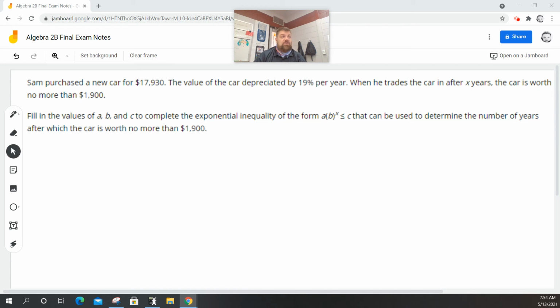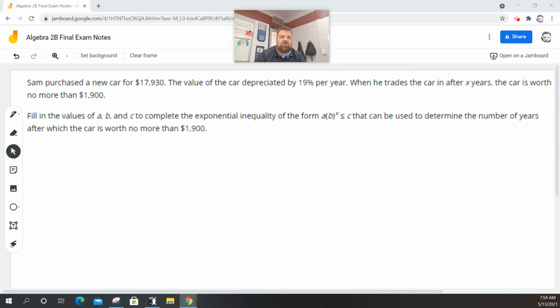Then we're asked to fill in the values for A, B, and C to complete the exponential inequality of the form A times B raised to the X is less than C. That can be used to determine the number of years after which the car is sold and is worth no more than $1,900.